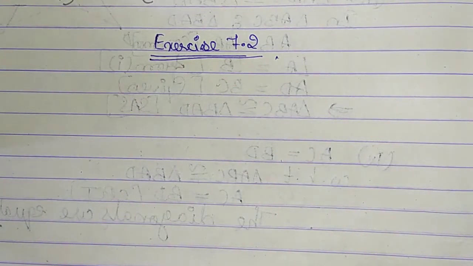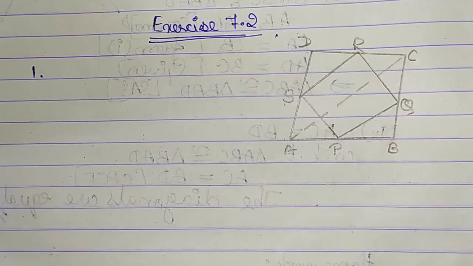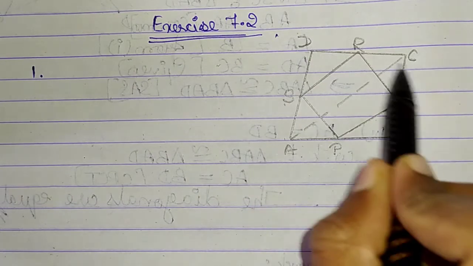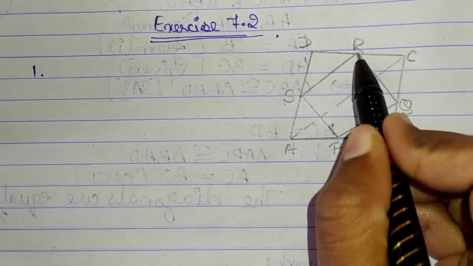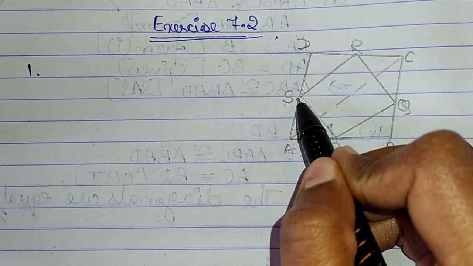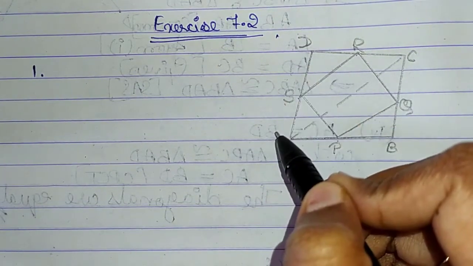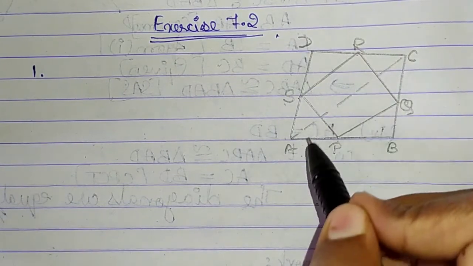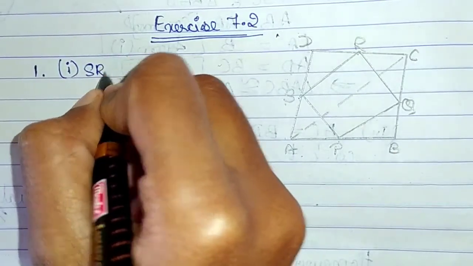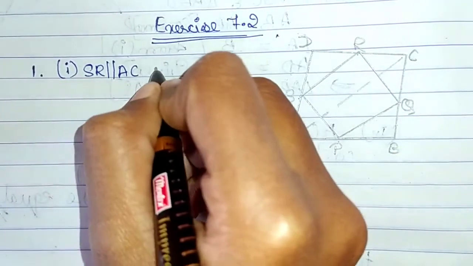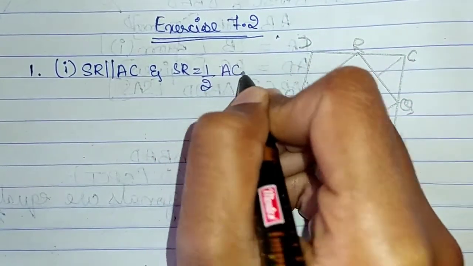In the first question, ABCD is a quadrilateral in which P, Q, R and S are the midpoints of the sides AB, BC, CD and DA respectively. AC is a diagonal. The first sub question asks us to show that SR is parallel to AC and SR is equal to half of AC.